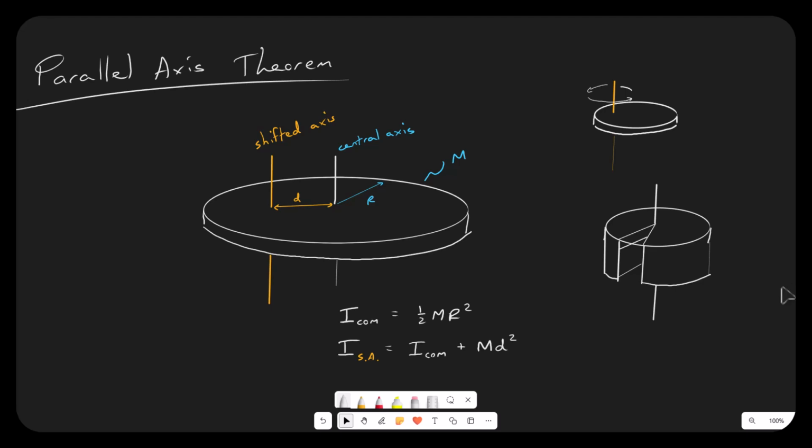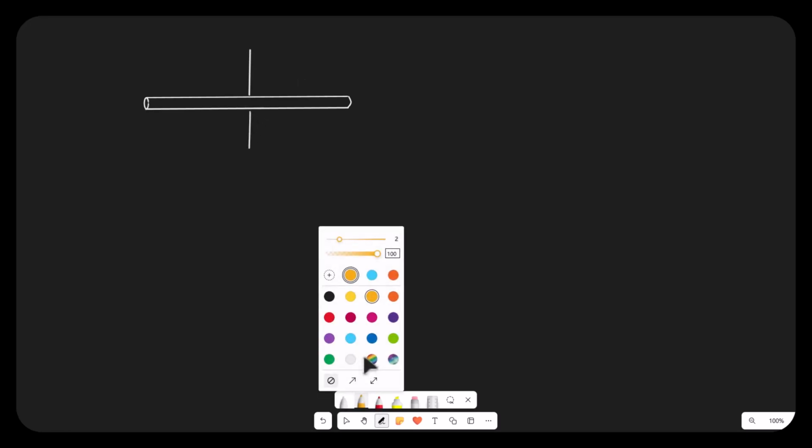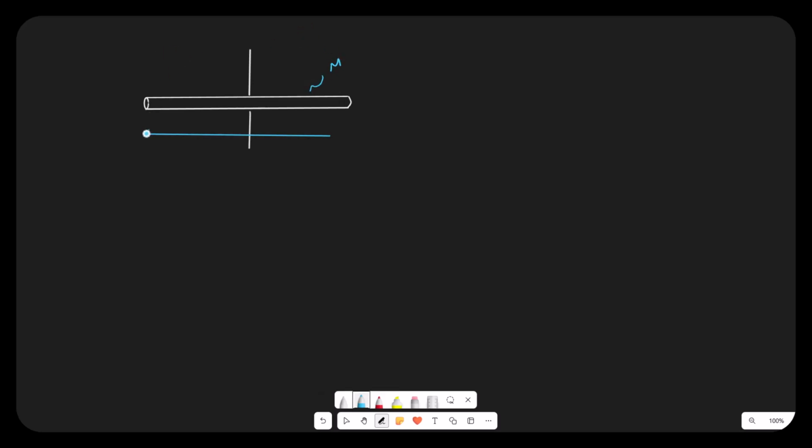I want to show you how this works with an example that you already know. When I had a bar that had the axis passing through the center of mass, through the center of the bar, this bar had a mass of m and a length of L. And when I did that, I got a center of mass moment of inertia of 1/12 m L squared.